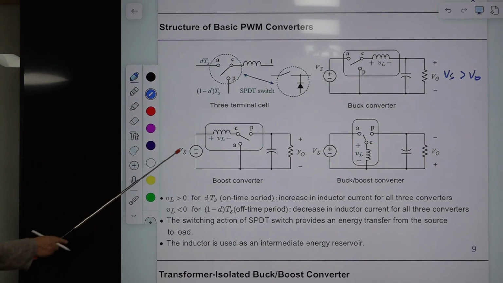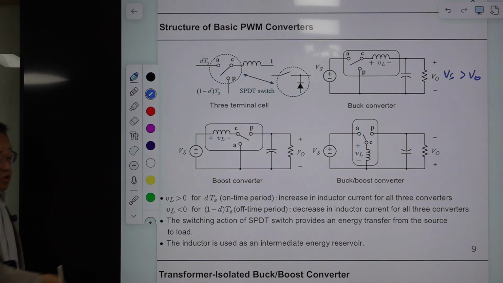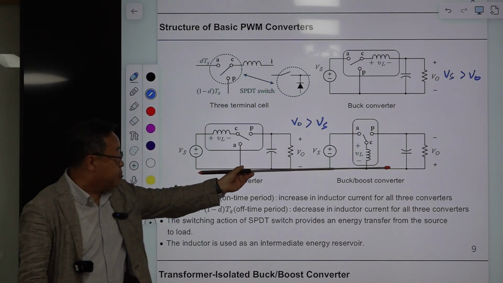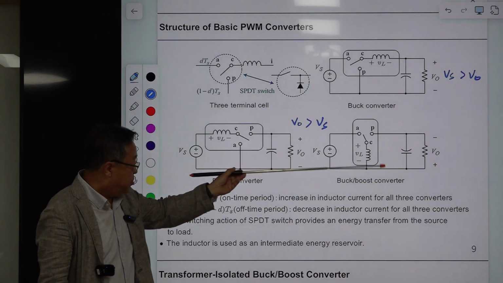Okay, and this is the boost converter. You know that in the boost converter, the output voltage is always larger than the input voltage. That is where the name boost converter comes from. And in the buck-boost converter, the output voltage is negative.